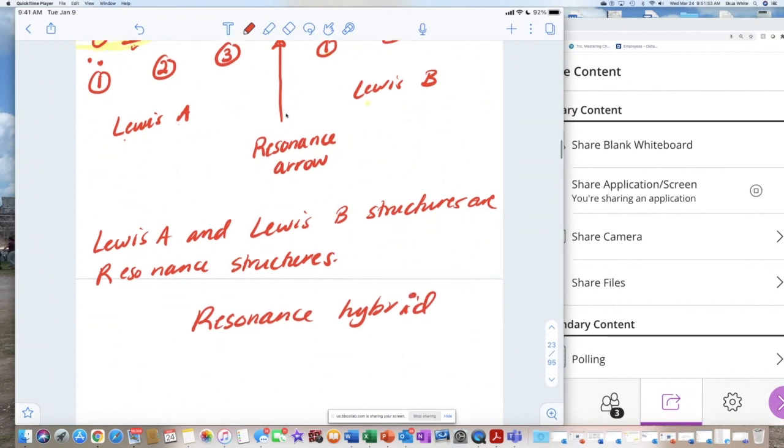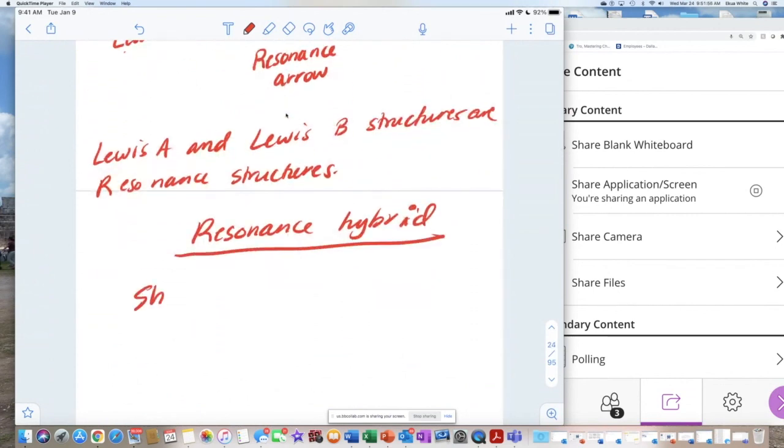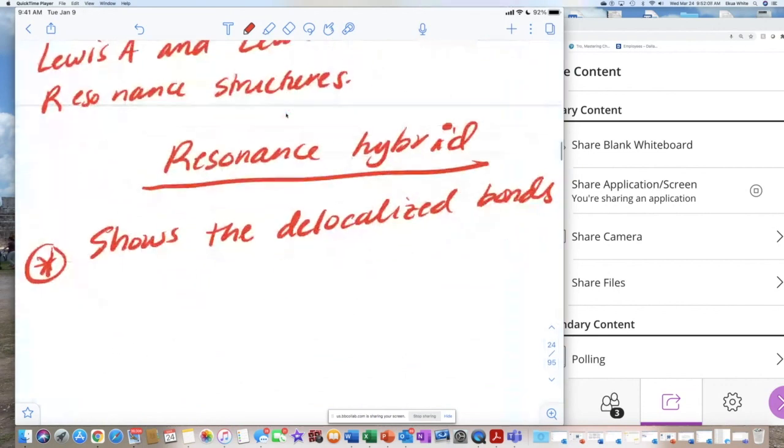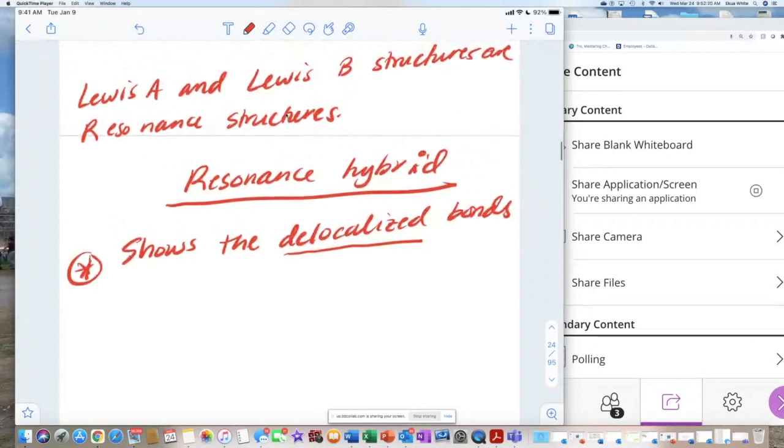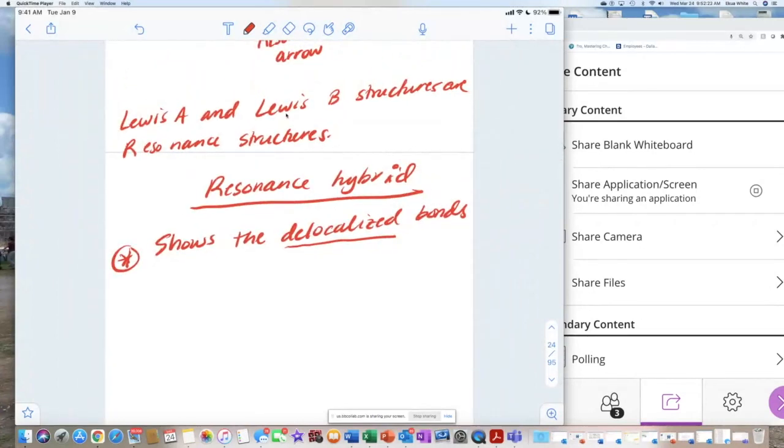In the resonance hybrid, this actually shows the delocalized bonds. That is the purpose of the resonance hybrid. It shows you the delocalized bonds, the bonds that are spread around and stretched over more atoms than we expect. When you're drawing the resonance hybrid, you're allowed to spread out lone pair electrons if possible, or you're allowed to spread out the second bond in the double bond.